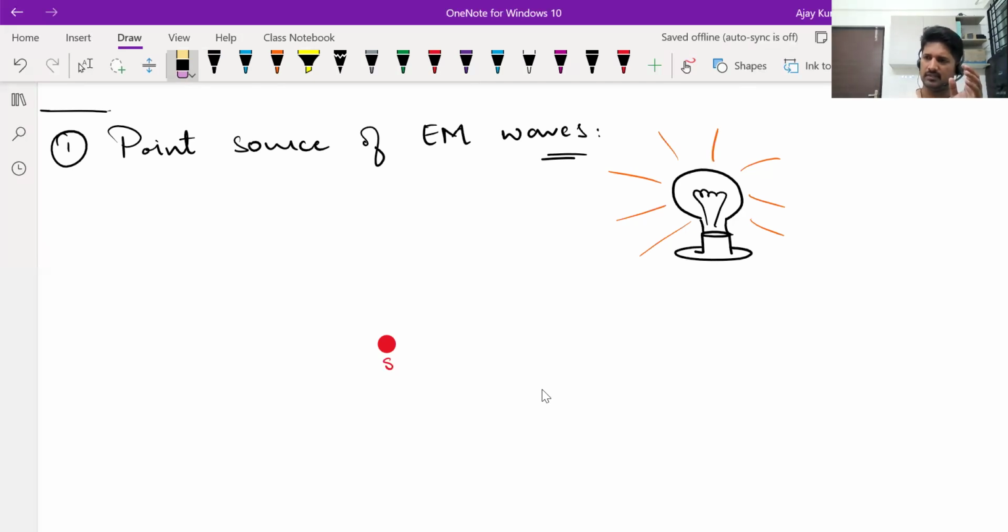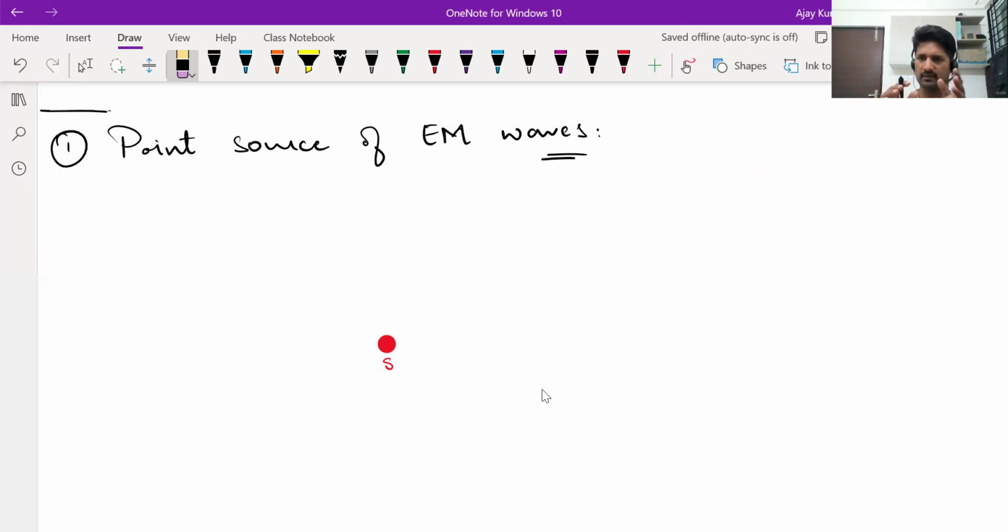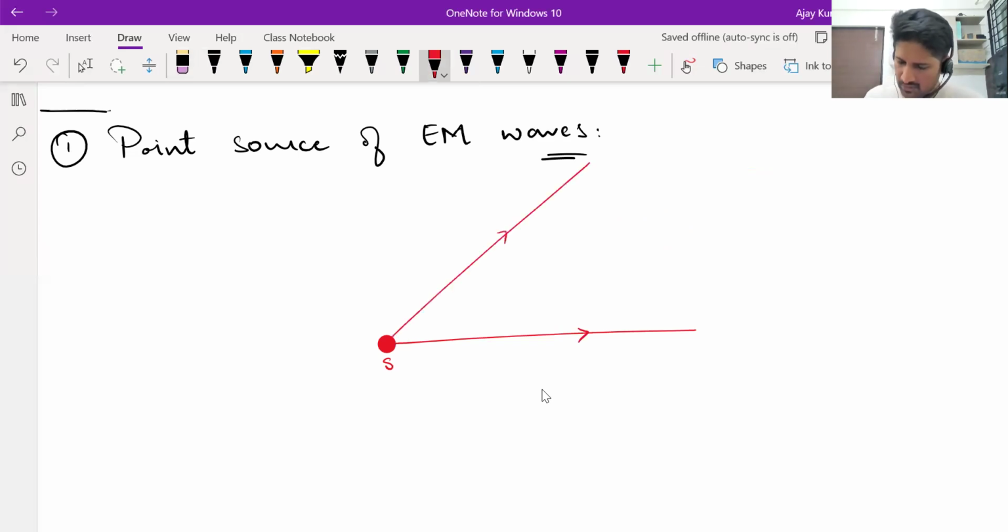Now, this bulb has a certain preference. On one side, the light is blocked, so it can only send light the other way. But the point source does not have anything to block the light or the EM waves that it is producing. So what happens is, the radiation produced by a point source travels uniformly in all directions.